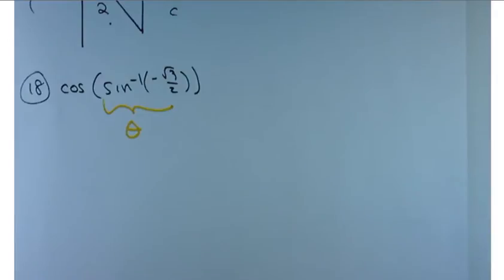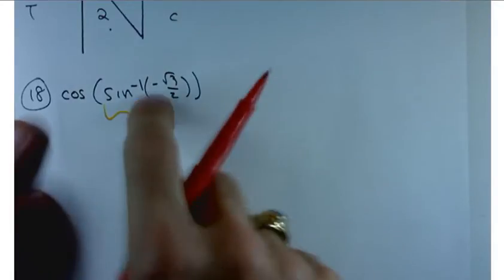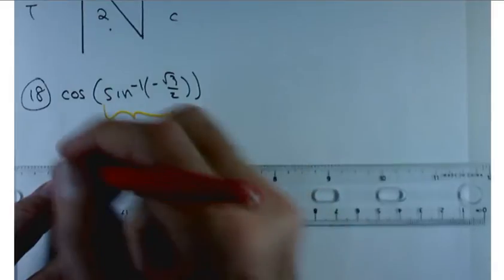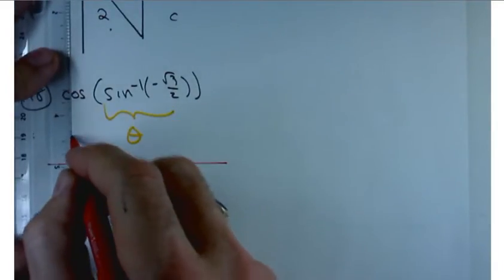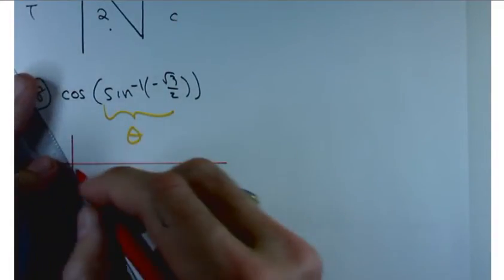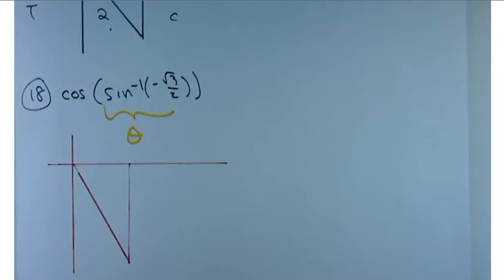What quadrant does that have to live in? Yeah, 3 or 4, but because inverse sine has as its range quadrants 1 and 4, let's choose quadrant 4. So I'm going to draw this in the fourth quadrant. So what do I know about theta?